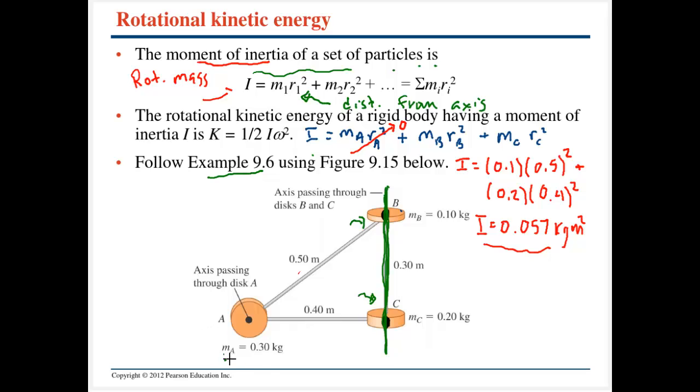We only have to deal with the mass of A, and intuitively you would say, well, I know that it's probably going to be easier to rotate this about the axis through B and C than through disk A, and you can convince yourself of that.